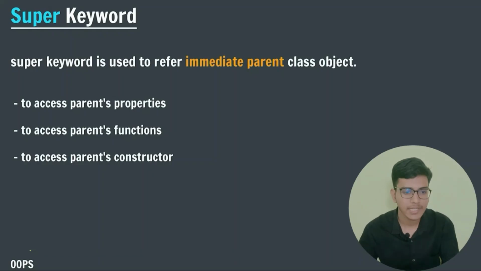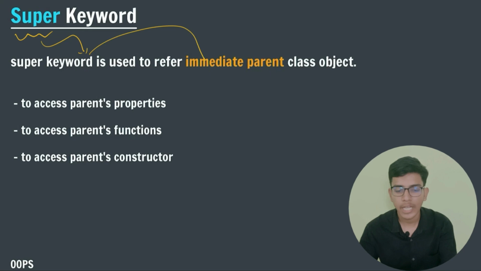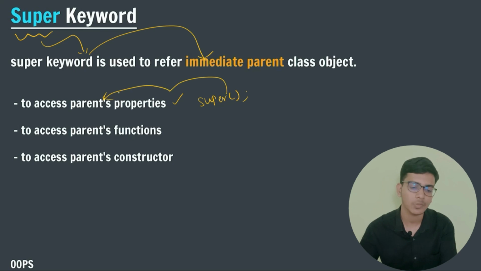After the static keyword, there is also a special keyword, that is super. The super keyword is used to refer to the immediate parent class of a particular object, to access the parent's properties. If I want to access all the properties of my parent class, then I will write the super keyword like this, super, that's all. This will access all the parent class properties.